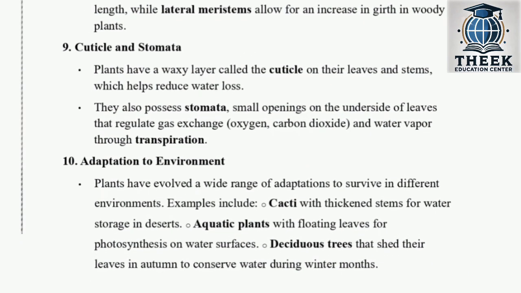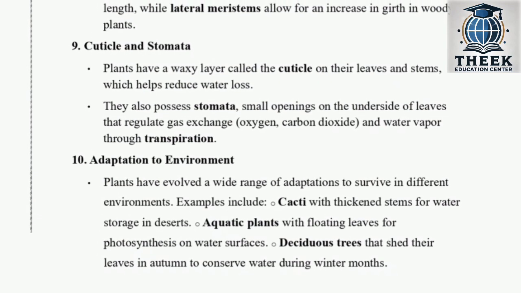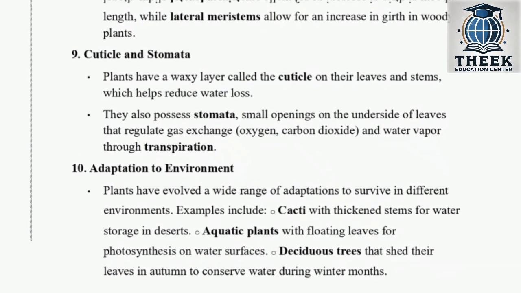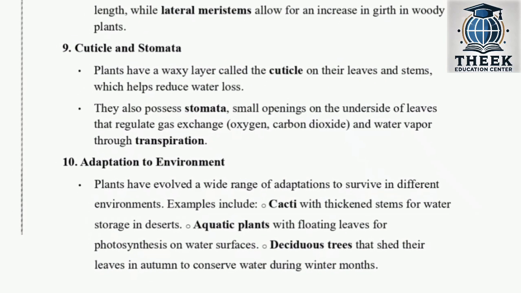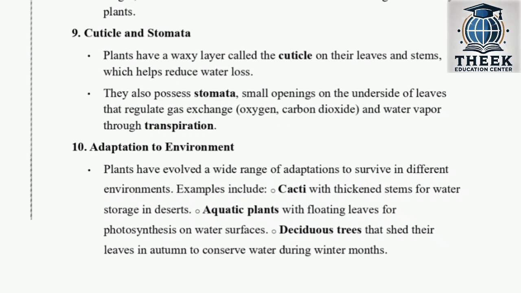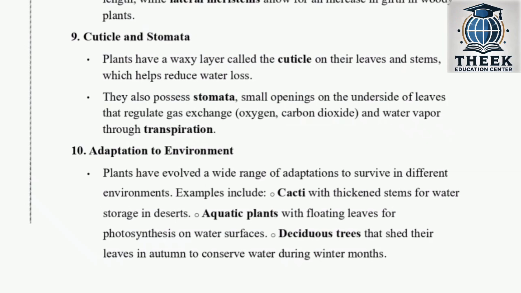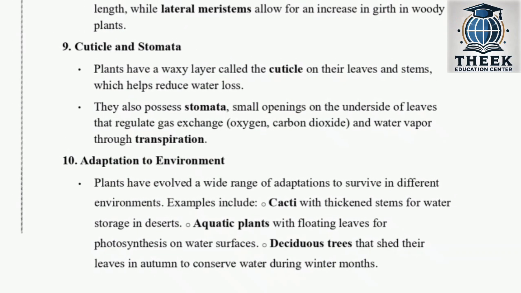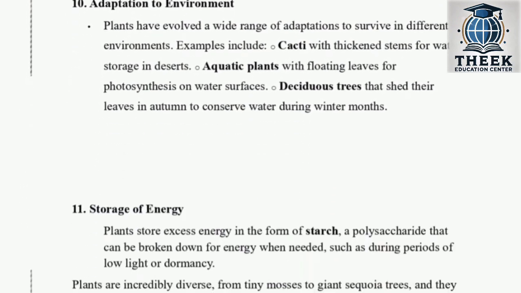We have deciduous trees that shed their leaves in autumn to conserve water during winter months. You realize that deciduous trees shed their leaves during the dry season. The purpose of shedding the leaves is to conserve water, to minimize the rate of transpiration.